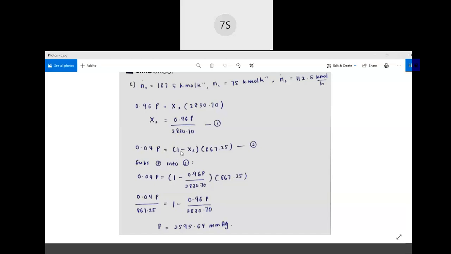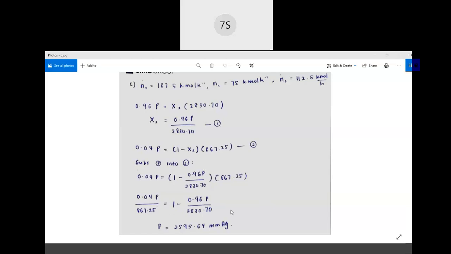So we just need to use one unknown, because we want to find X2, right? And then multiplied by 867.25. This value we can get from section A. And then we need to substitute equation 1 into 2. So these are the steps.